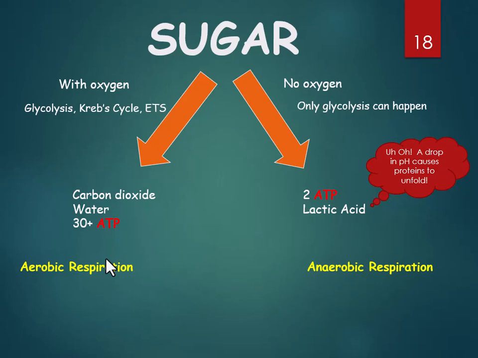If, however, you're pumping iron really fast or running a marathon and you've been going a while, you can't breathe fast enough to get enough oxygen to those muscle fibers. When there's no oxygen around, you can only do glycolysis. And the pyruvate at the end of glycolysis is converted to lactic acid because you don't have enough oxygen to do the Krebs cycle, electron transport.